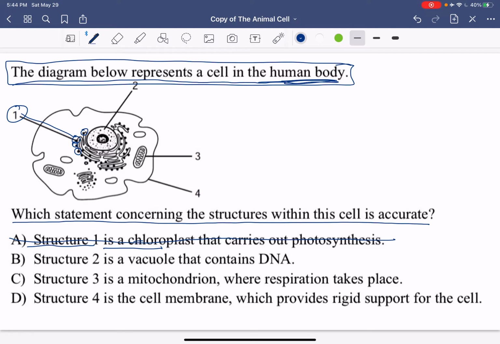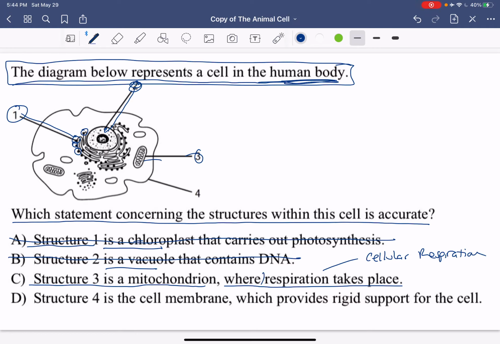Structure 2, it's pointing to the nucleus. Is a vacuole? Nope. Guys, this is an actual Regents question. I hope you see how easy this is now that you know the basic information. Structure 3, that is the mitochondria. Okay, you got my attention. Where respiration takes place, this is also known as cellular respiration.